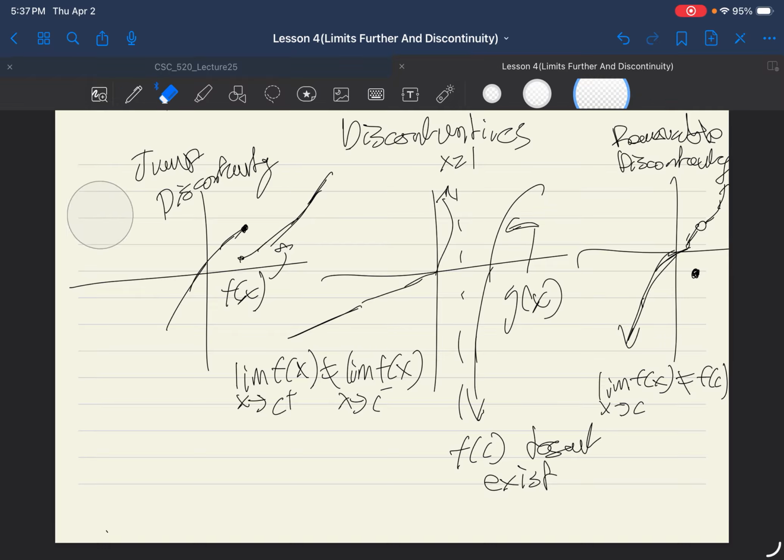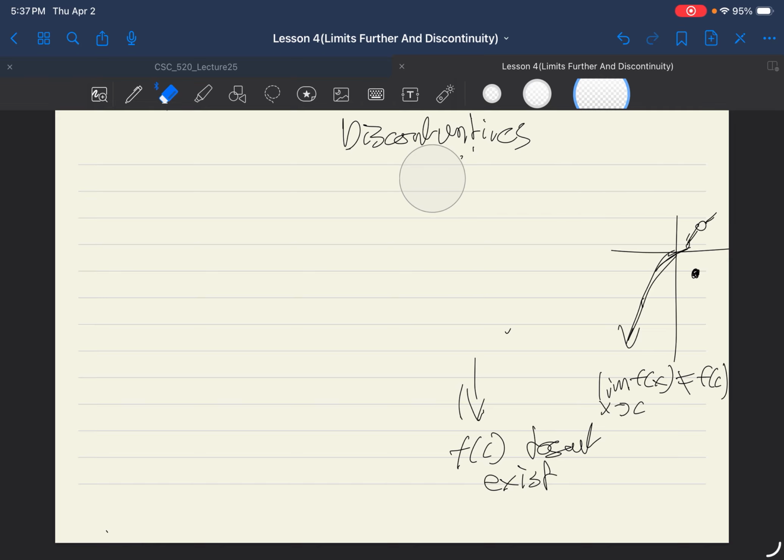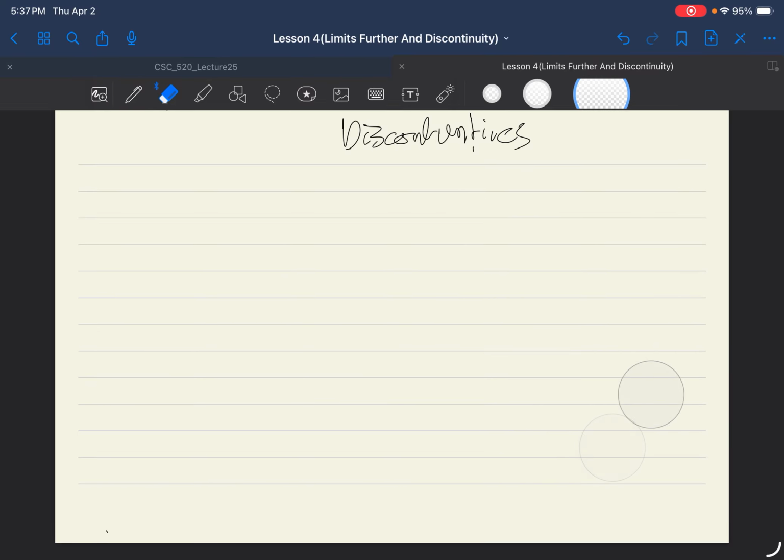All right, so I gave you examples of all 3. I'm going to draw 3 graphs for you, and then I want you to tell me what type of discontinuity you think they are. We'll explore more about these discontinuities probably later, as they become more important throughout the units.